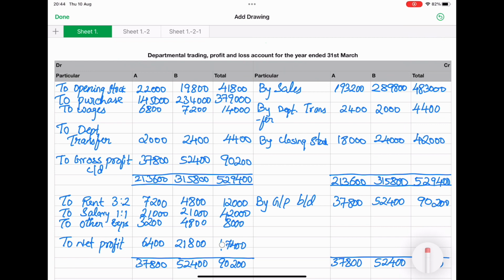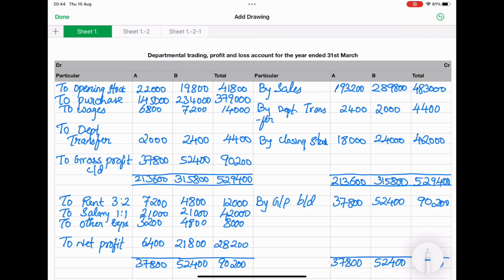Yes, the total amount we have added, no? So the total will be 28,200. This is the answer. So here we had missed it. Now this is the answer.